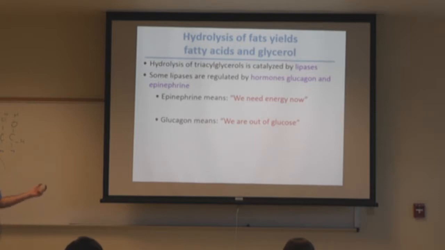Those lipoproteins carry diacylglycerols, triacylglycerols, and cholesterol esters. But free fatty acids are actually transported around with albumin. Albumin will bind several fatty acid molecules, and that's how they get transported. That's why we make ketone bodies, but that's at the end of the chapter.